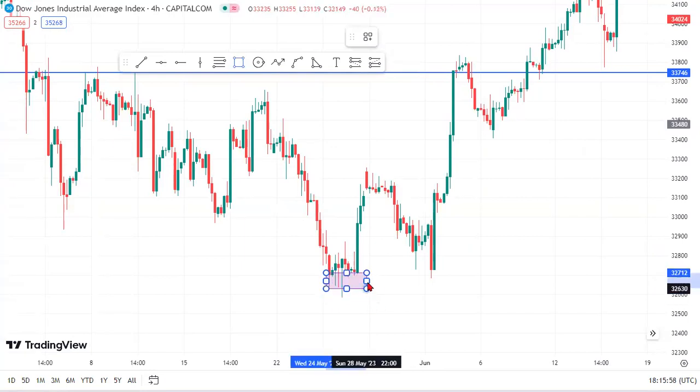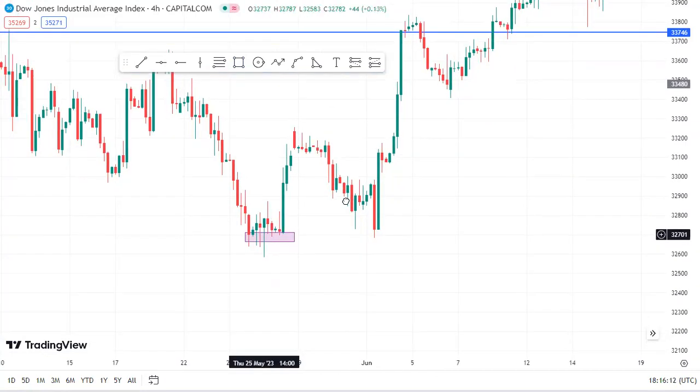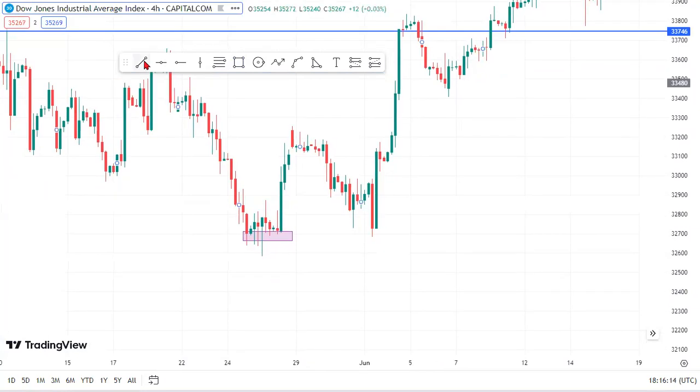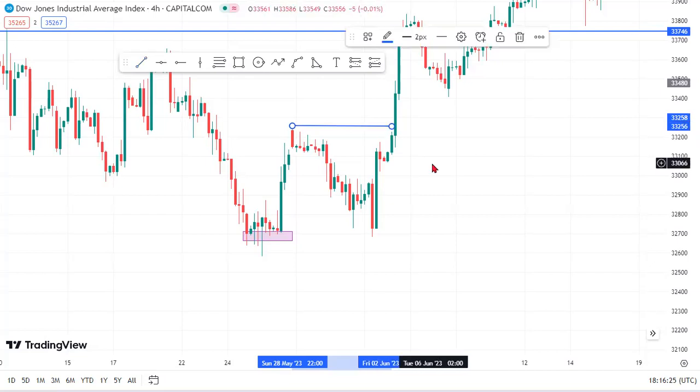And after the market created this low, it created a high. You get to the market, you see this, you're like, yeah, something should happen here. It's created a high, right?